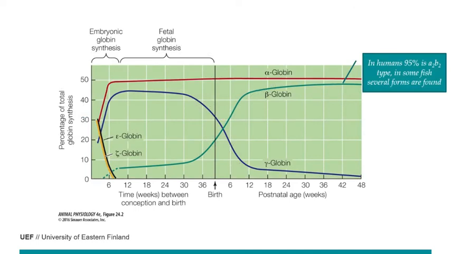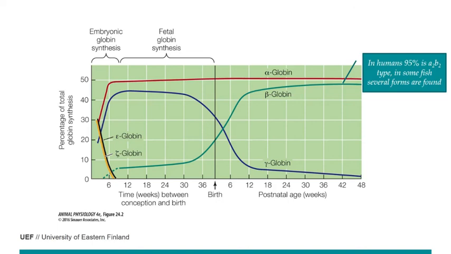And as we learned in the beginning of this course during the enzymes, we have different kinds of globins in the fetal phase and as an adult. So very early in the embryonic phase, we have very specific globins, but they are lost quite fast during the first few months.